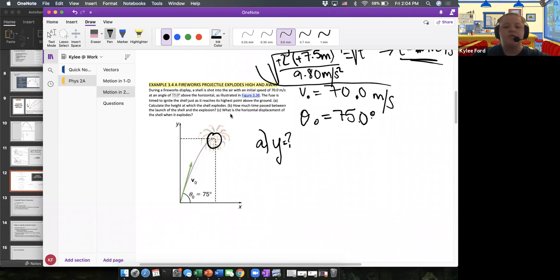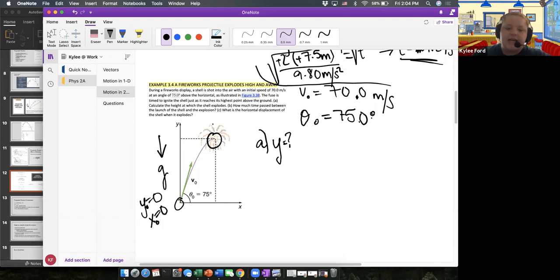So let's start looking at our situation. At this highest point, we can think about what our velocities would be, since we have gravity involved. Let us claim that our starting position is at y equals 0 and x equals 0. Those are our initial positions from where this is launched.